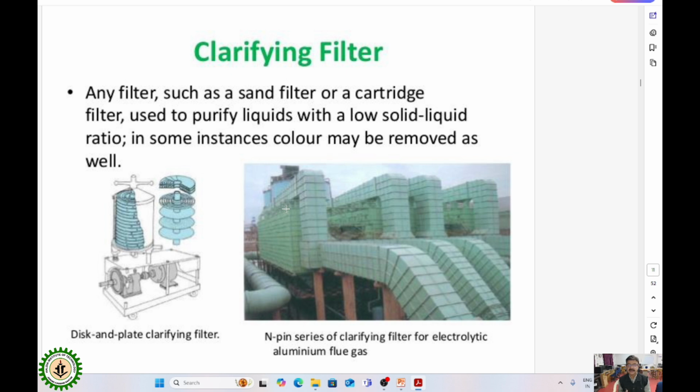Generally, this clarifying filter is popularly used in water treatment or effluent treatment processes, where the raw water is collected and allowed to pass through the clarifying filter, so the suspended solids and dirt particles, and in the case of effluent from the plant, the suspended particles, will be completely removed.